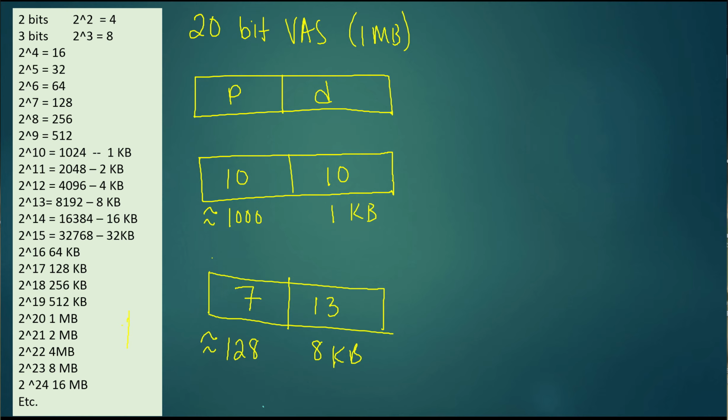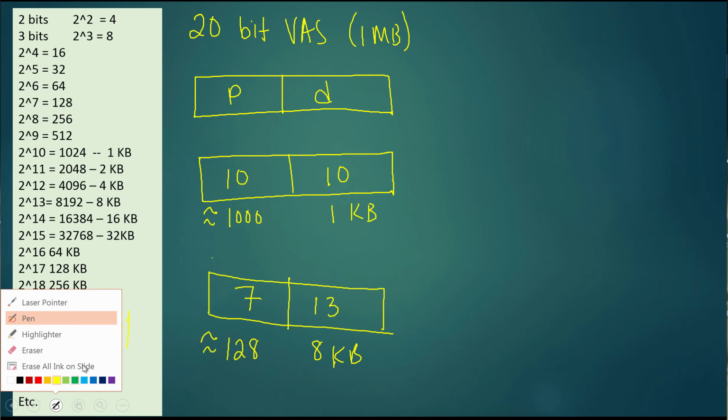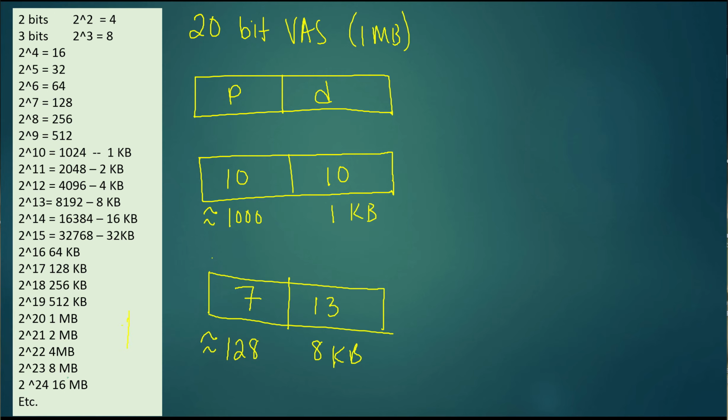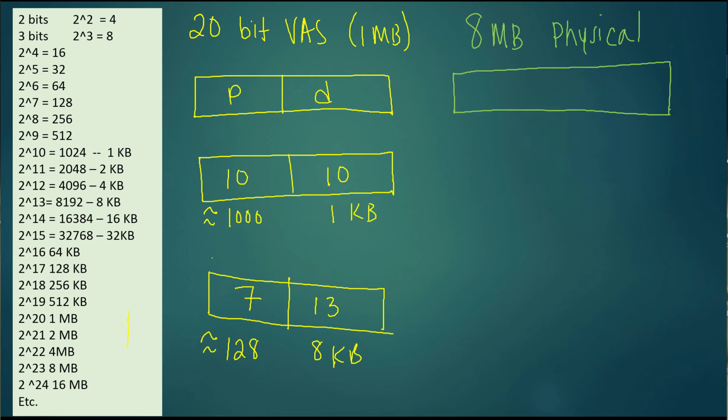So let's say, for example, that we have 1 megabyte of virtual address space, and we're mapping to 8 megabytes of physical address space. We're going to use 23 bits for 8 megabytes, and we're going to break it up into frame number and displacement within the frame.